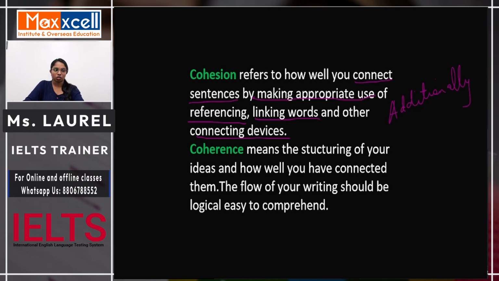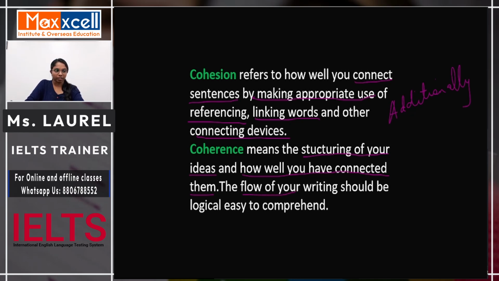Secondly, coherence. Coherence means the structuring of your ideas, how well you present your ideas, and how well you have connected them. So whether they are following each other one after another, there is some logical connection between the two.